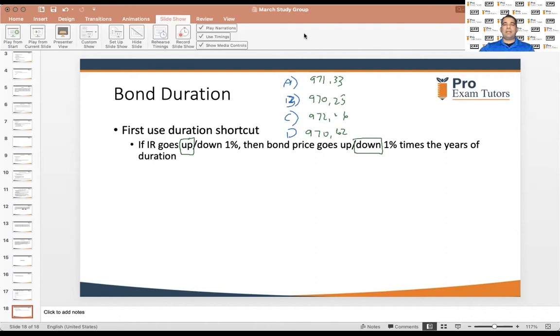Let's say that in the market right now, we have a bond, the current price is $950. Let's say that the coupon yield is like 8%.